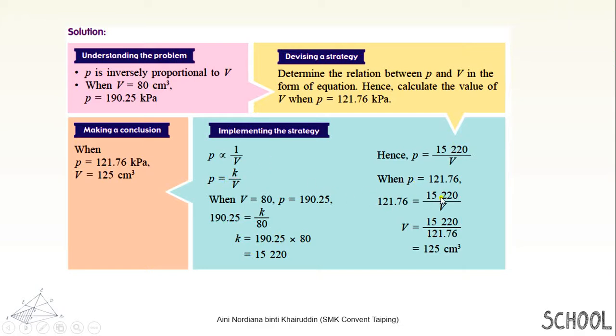Next, substitute the value of P so that you'll get the value of V. So P is 121.26, then V equals 125 cm³. So we're making a conclusion: P is 121.26, then V equals 125 cm³.